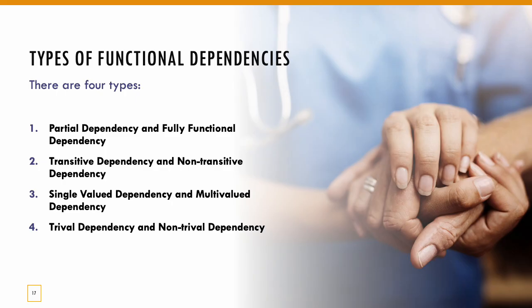The second is transitive dependency and non-transitive dependency. The third is single-valued dependency and multi-valued dependency. And the last type is trivial dependency and non-trivial dependency. Okay, let's talk about these one by one.